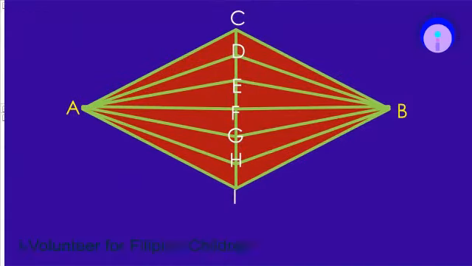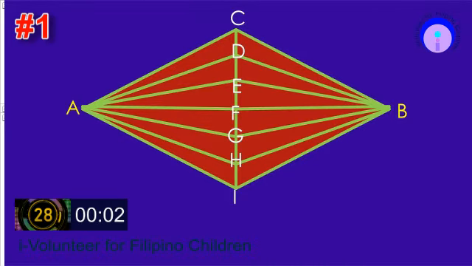Item number 1. How many triangles can you form from this figure? You still have 5 seconds to finish.